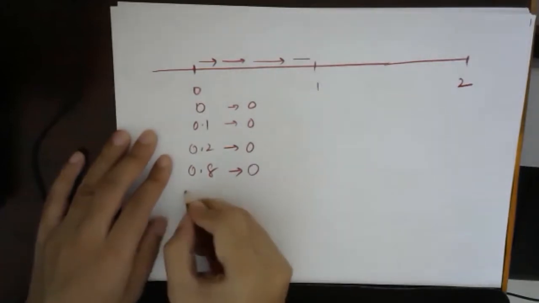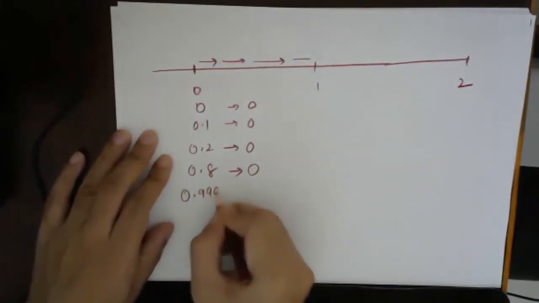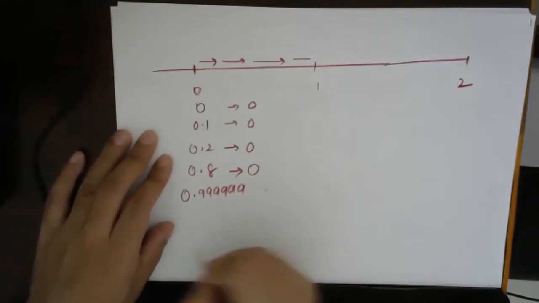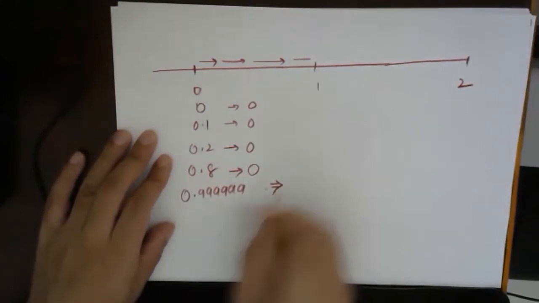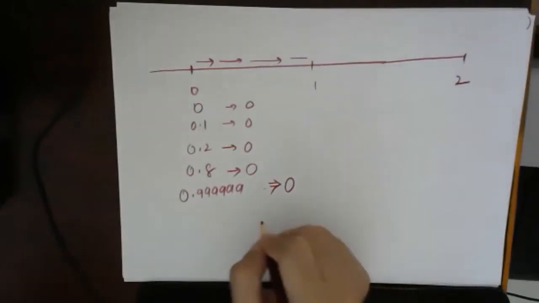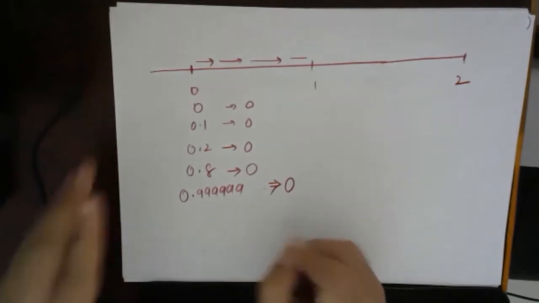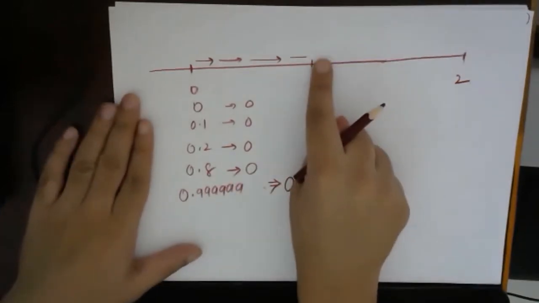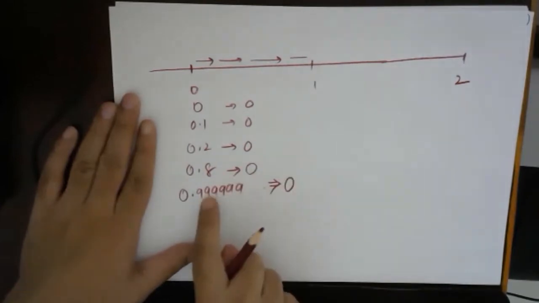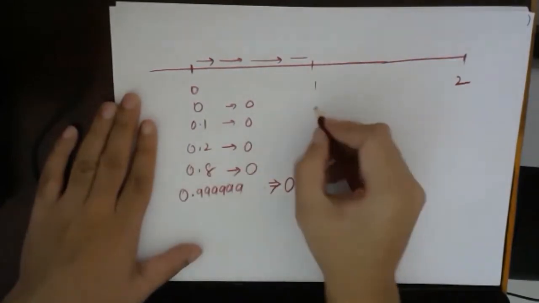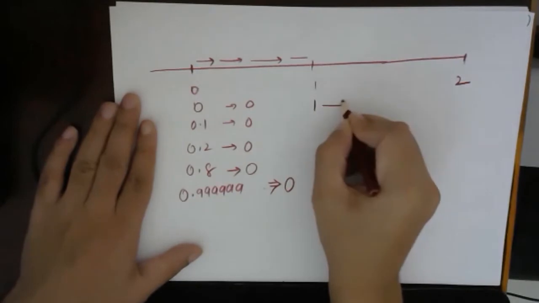Then 0.999999 and so on, still the integral part is 0. So that means up till 1.